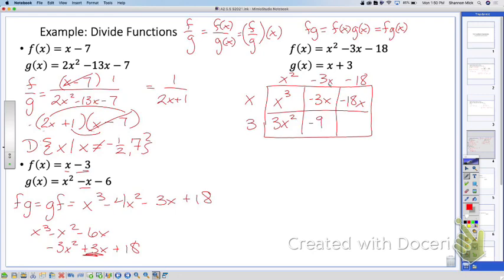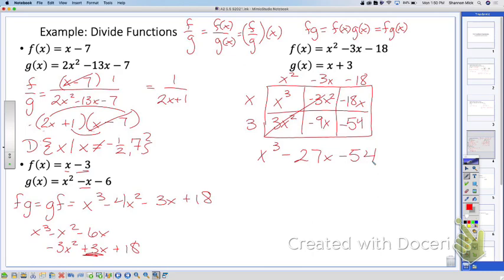Minus 54. Then I have x cubed, and then these zero out, minus 27x, minus 54. Okay.